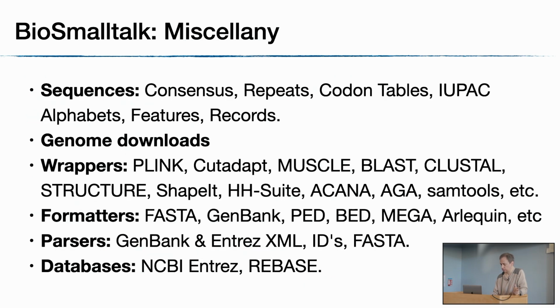And of course, we have other functionality, like getting consensus sequences, which is the most represented nucleotide at a position. We have repeats, like analyzing DNA, most of which is repeated, and we don't know yet the function of this.